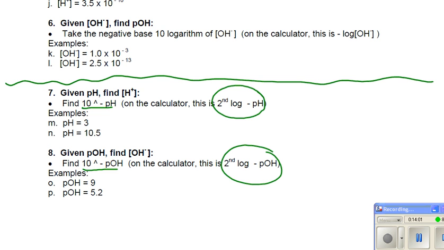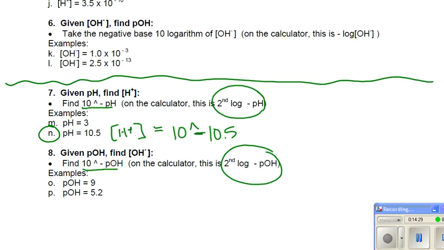Okay, so let's do N together. If I'm trying to solve for the hydrogen ion concentration, what I would plug in my calculator is 10 caret, or second log, then negative 10.5. I think the most common mistake is to forget this negative sign, so make sure to do negative, okay?